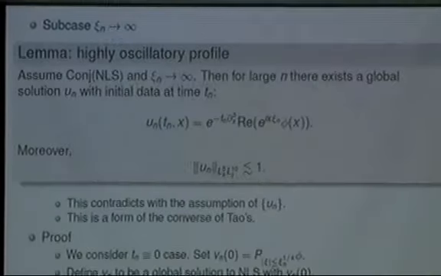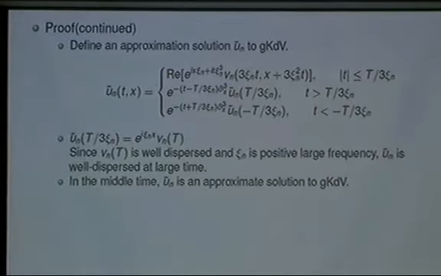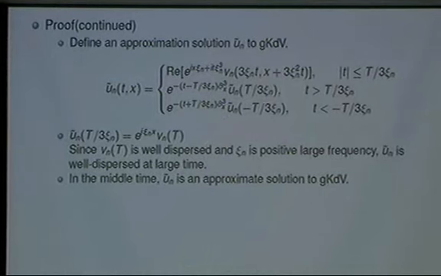So in the proof, because the tau's argument only works when the time interval is compact, we're going to divide the time interval into 3 pieces. This is the middle time. In the middle time, for the given linear solution, we define the approximate solution to the KdV equation.